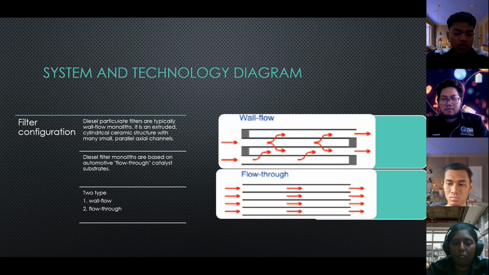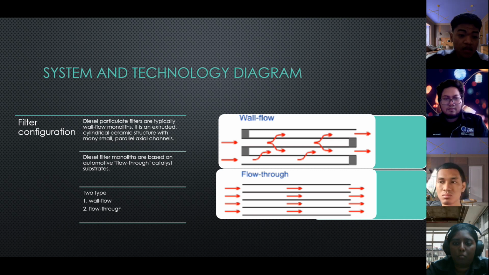There are two types of filter configuration, which are wall flow and flow through. The diesel particulate filters are typically wall flow monolith, as you can see in the figure here, and it is an extruded cylinder ceramic structure with many small parallel channels.